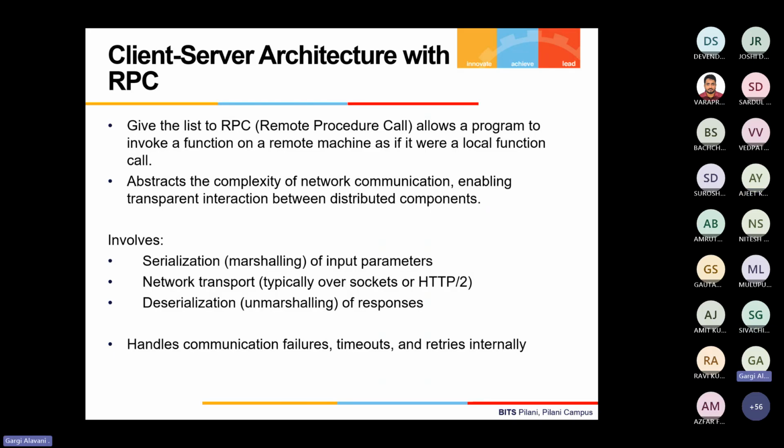You can say that client server is a type of enhanced master slave architecture, but here there could be multiple clients, multiple servers. So there is no one master as such in this case. Okay, so a client can also work as a server, it's a kind of distributed system.